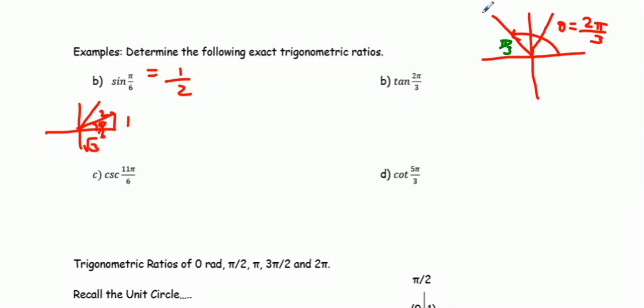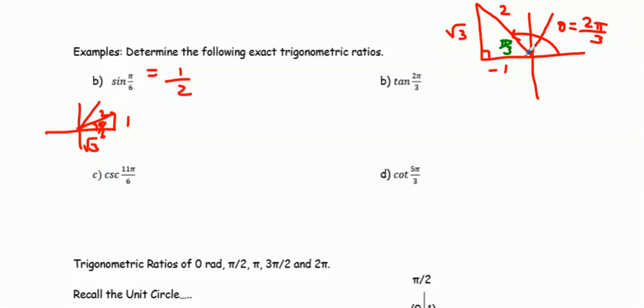Does that make sense? So now I am going to put in my side length. Across from pi by 3, that's the longer side, that's root 3. Adjacent would be 1 because this is pi by 6, so across from pi by 6 is 1, but this is really negative 1 in the Cartesian plane, and this is 2.